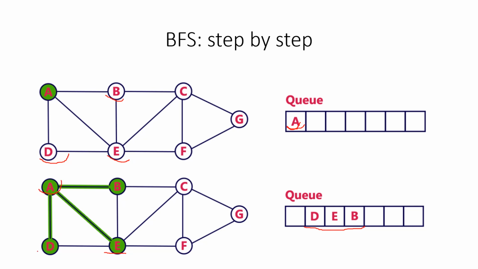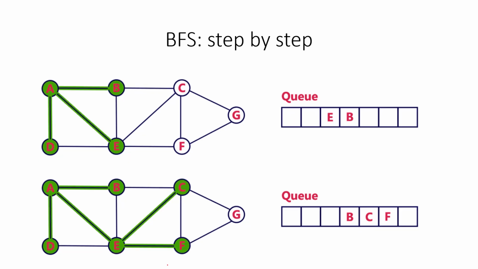So we just take out D. Then we take out E and look at all the adjacent elements of E. D we discovered, A we discovered, B is in our queue. Then there are C and F. So we put C and F into our queue and take out E from the queue.